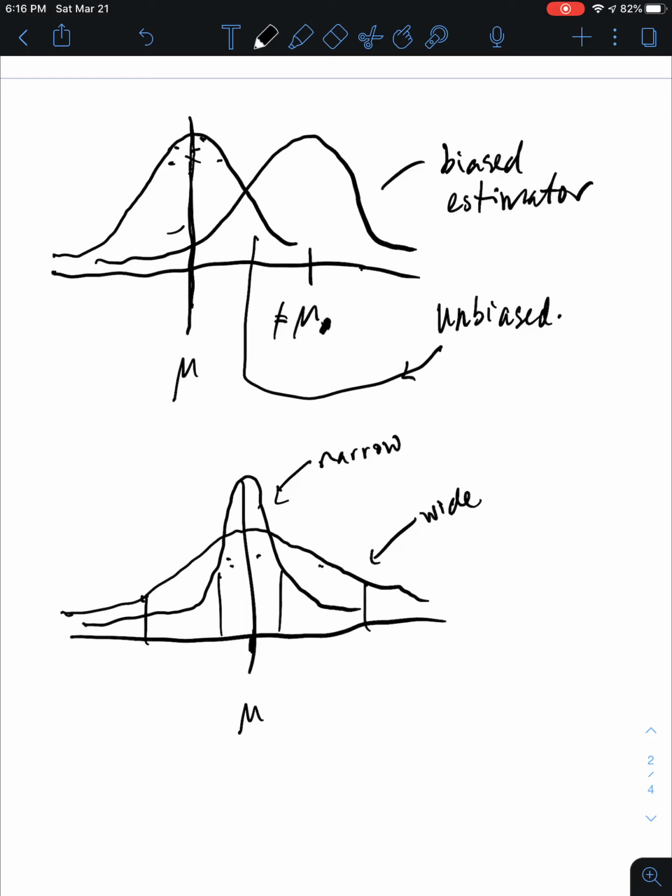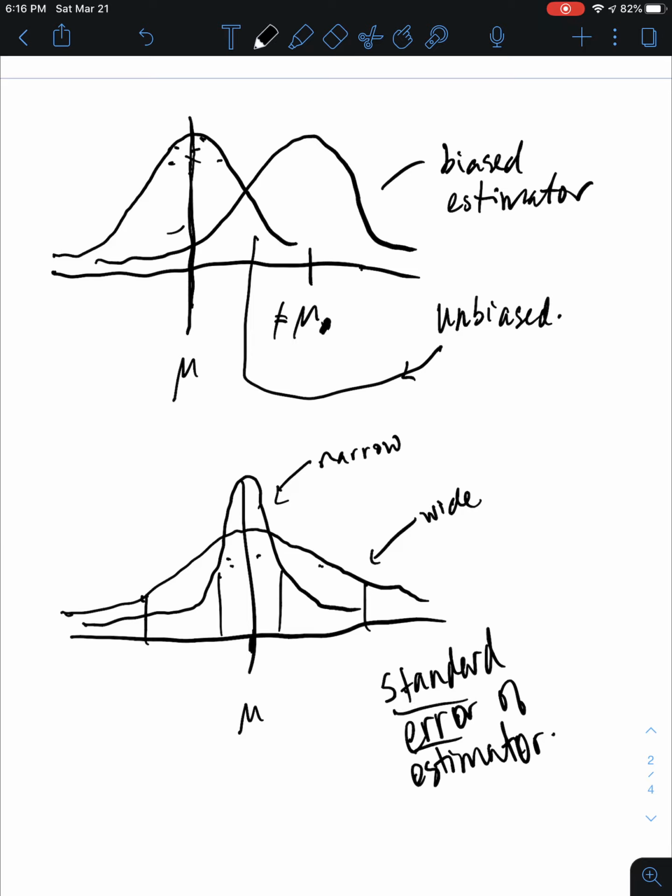So having a wide standard deviation on our estimator is something we don't want. We're going to measure this quantitatively, and we're going to call this the standard error. So a standard error is very much like a standard deviation, but if we use the word standard deviation in too many different contexts, if it has too many different particular meanings, it becomes confusing.